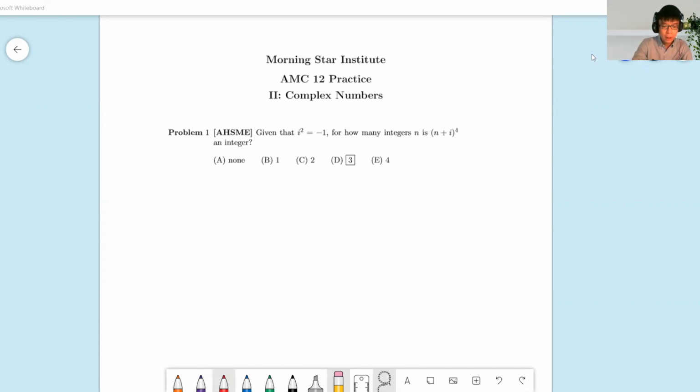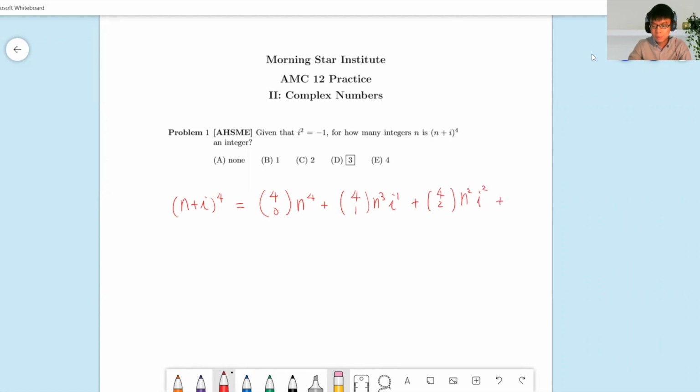This equals 4 choose 0 n^4, 4 choose 1 n^3 i, 4 choose 2 n^2 i^2, 4 choose 3 n i^3, 4 choose 4 i^4.